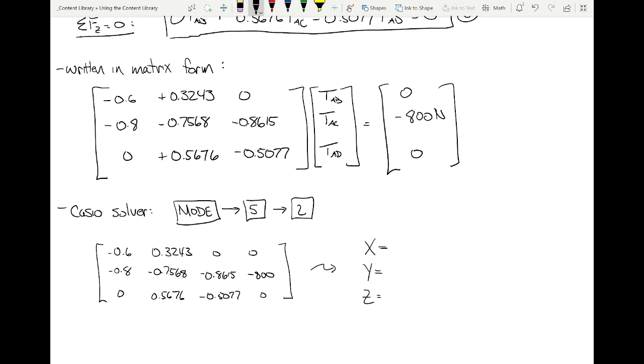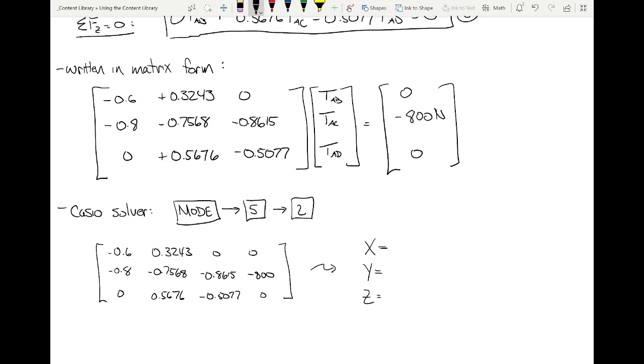Let's see if you all can do this. Would you like me to turn the lights on? Would that help? I'll turn these on so you can see a little bit. Let's see if you can come up with the same X, Y, and Z values that I got. Anybody have an X value? Yes. 200.9.